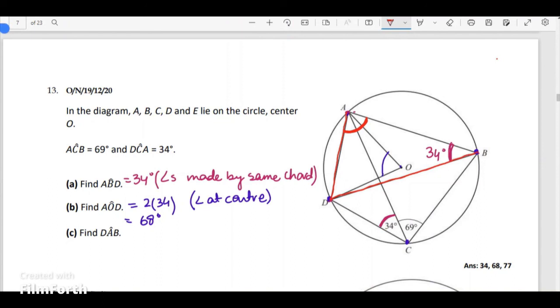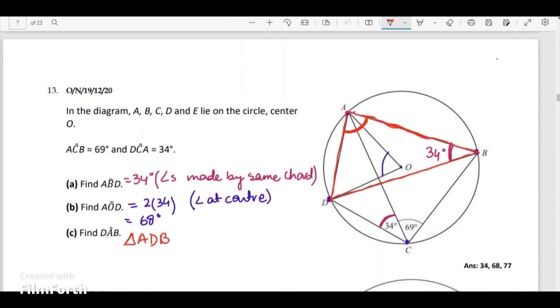Oh, very crooked line. For some reason, I am unable to make a nice straight line. Okay, not too bad. So this triangle DAB is what I'm looking at. Triangle ADB, DAB, whatever you want to call it.